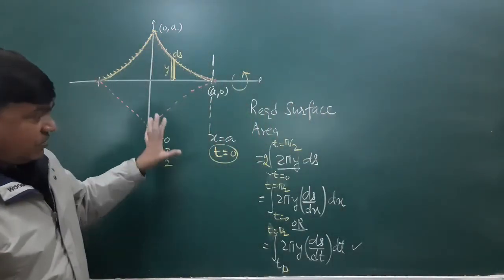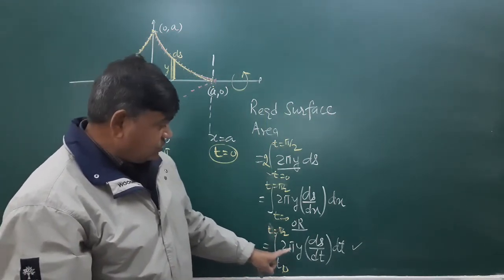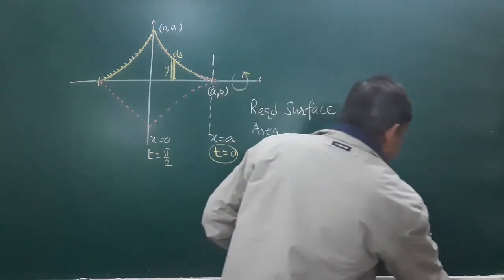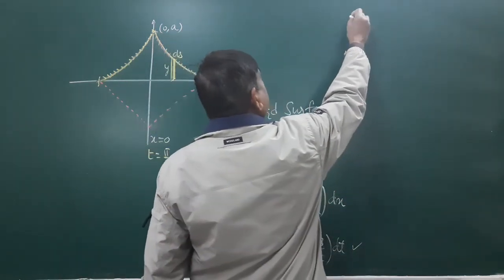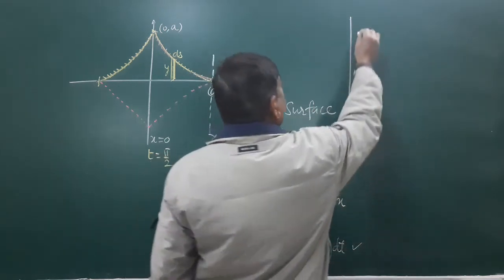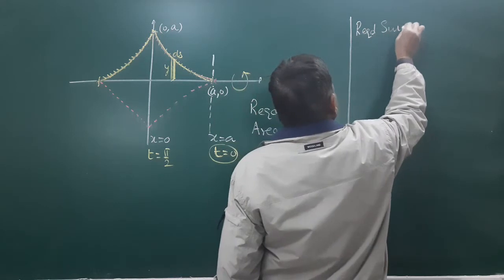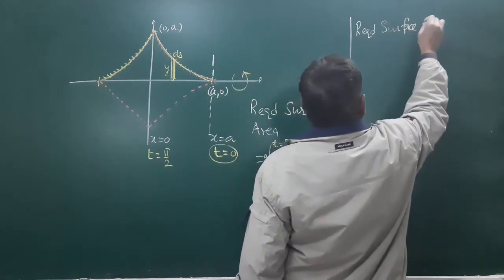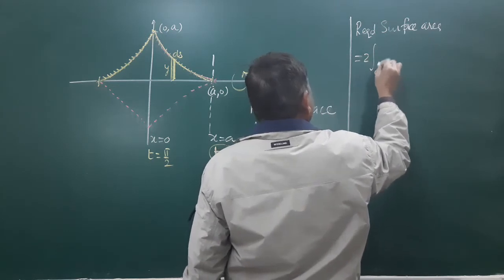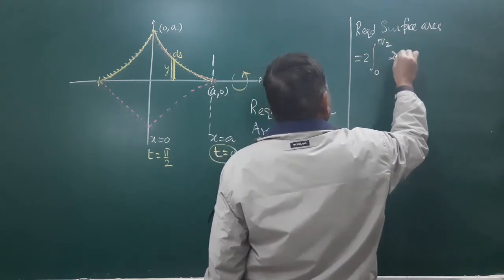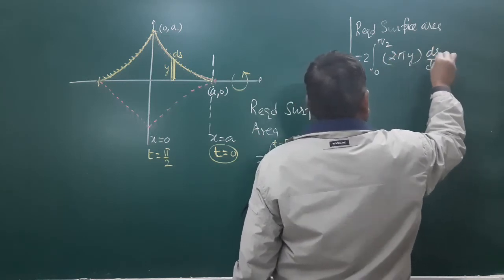Remember, I just removed all the things. Here it is the limit 0 to pi by 2, 2 pi y ds by dt. So I just write it here. Required surface area equals 2 times integral 0 to pi by 2, 2 pi y ds by dt.